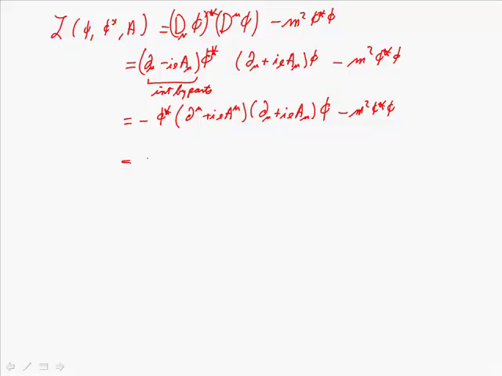So this overall is minus phi star, D squared plus m squared, phi. Okay. So we again end up with covariant derivatives. It's just covariant derivative squared. And so this is then minus phi star, our differential operator, phi.